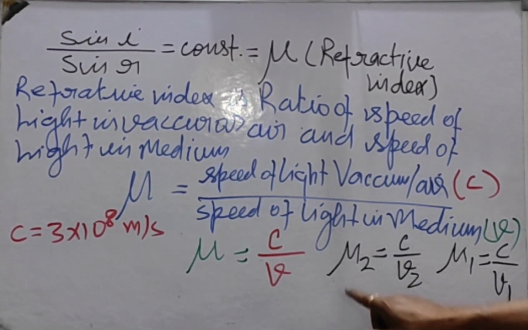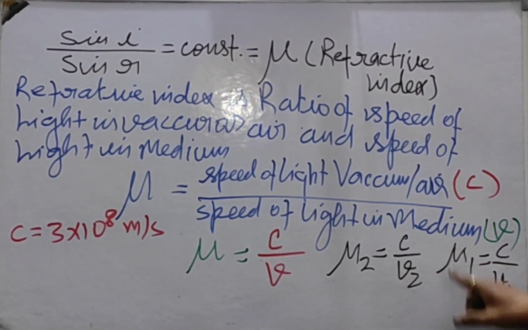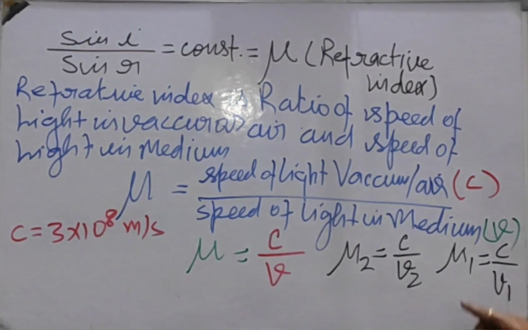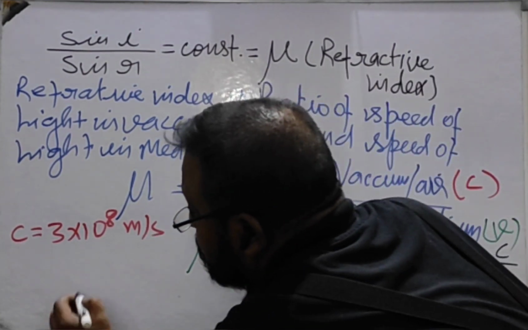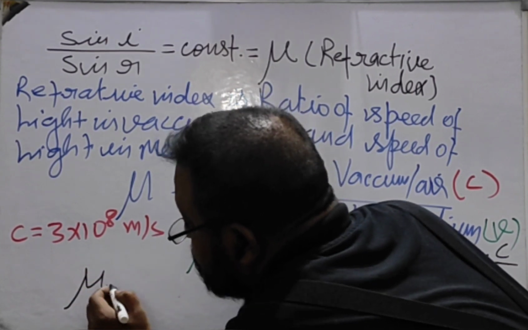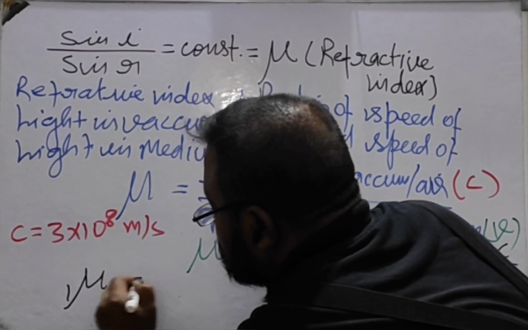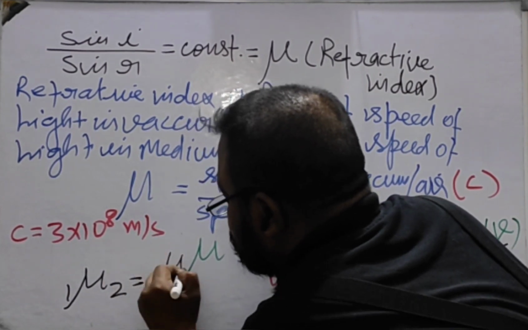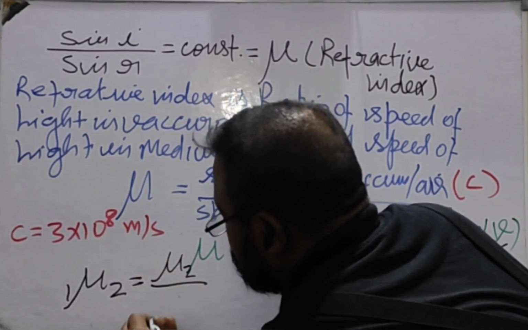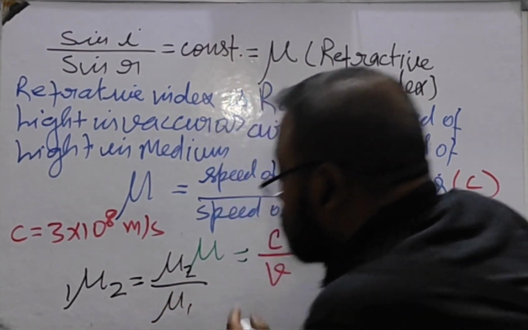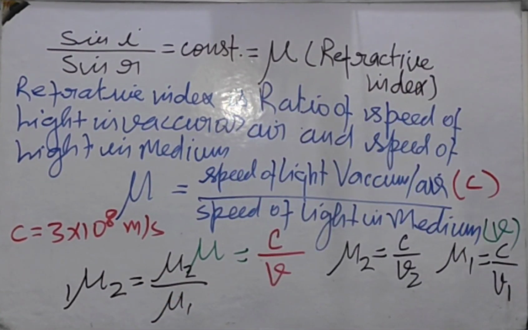Refractive index of medium 2 is c upon v2, and refractive index of medium 1 is c upon v1. So refractive index of medium 2 with reference to medium 1 is equal to refractive index of medium 2 upon refractive index of medium 1, right?